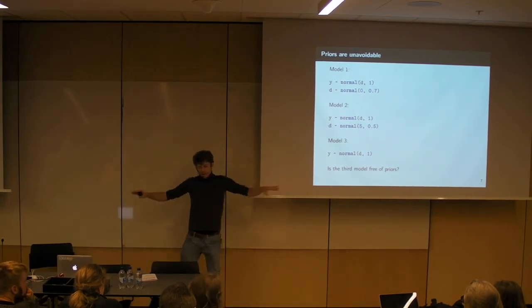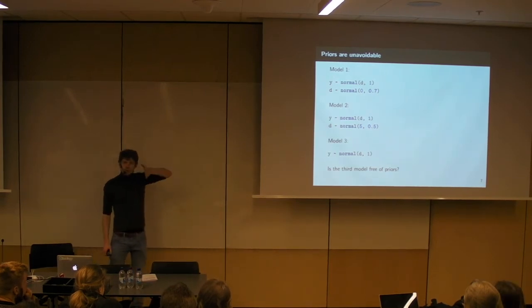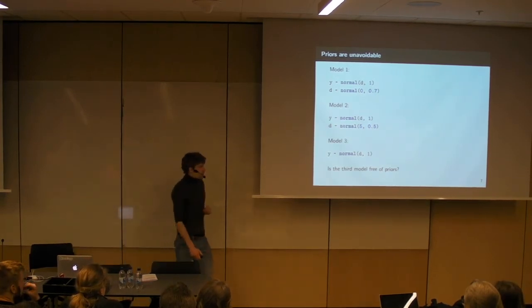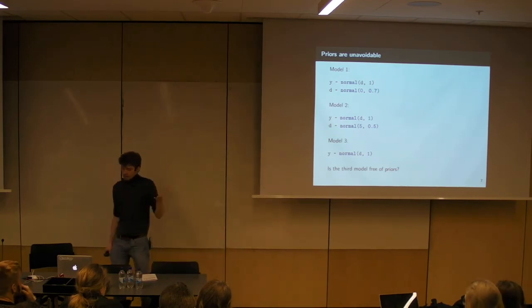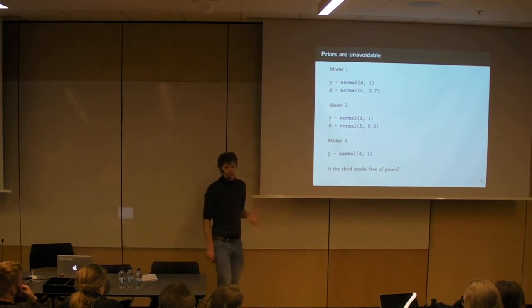So every parameter value is equally likely a priori. And so the posterior mode, so the highest value of the density, is the point estimate. So from a Bayesian perspective, the third model has a prior, which is completely flat. So all values are equally likely a priori.